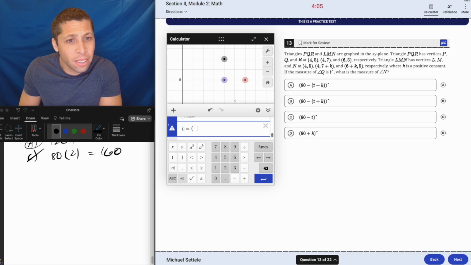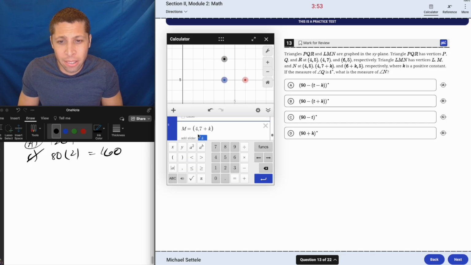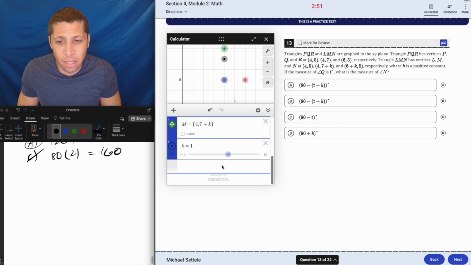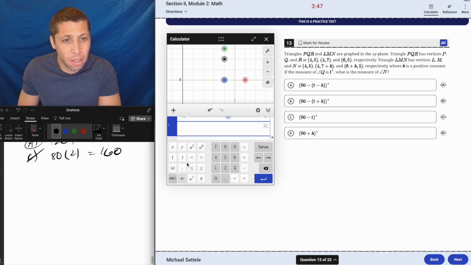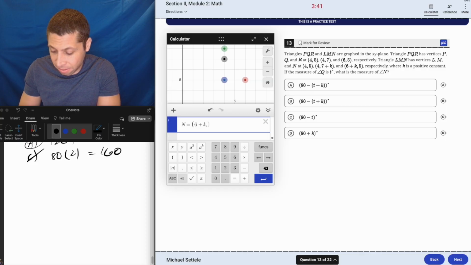L is 4, 5, so that's the same point. M is 4, 7 plus K. So we'll add that slider. And then N is 6 plus K, 5.